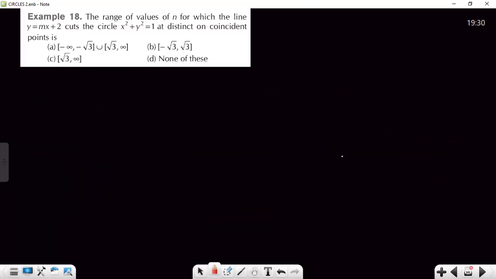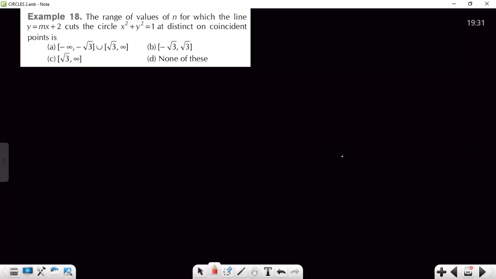Let's discuss this example. Here we have to find the range of values of m for which the line y is equals to mx plus 2 cuts the circle x square plus y square is equals to 1 at distinct points. So the line is cutting the circle at two different points.